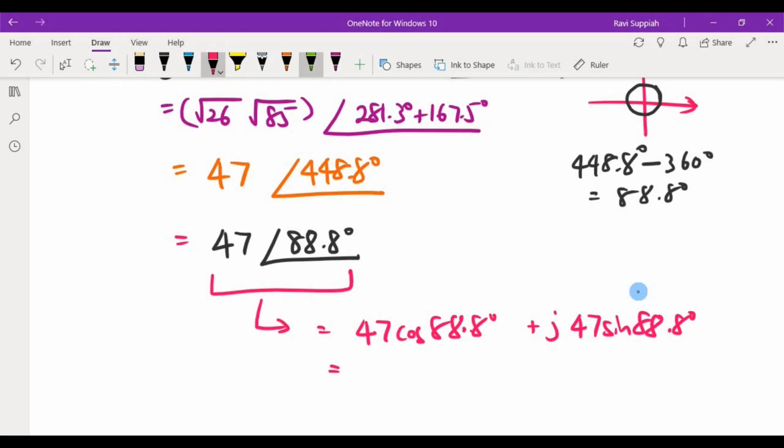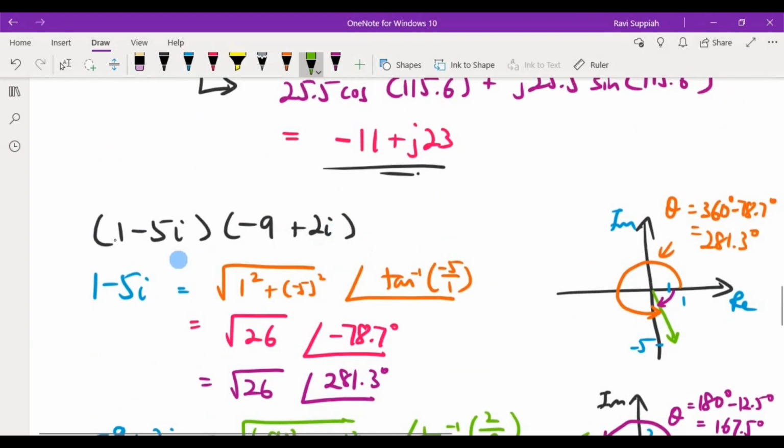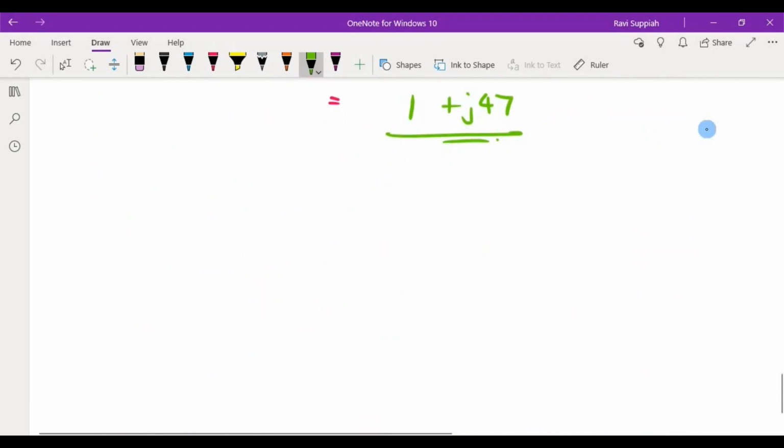Okay, and that will give you an answer of 1 plus j47. Okay, so you can of course confirm this answer by doing the actual multiplication in the rectangular approach. That means you do the expansion. Okay, so what we have seen is the application of the polar form approach in multiplication.